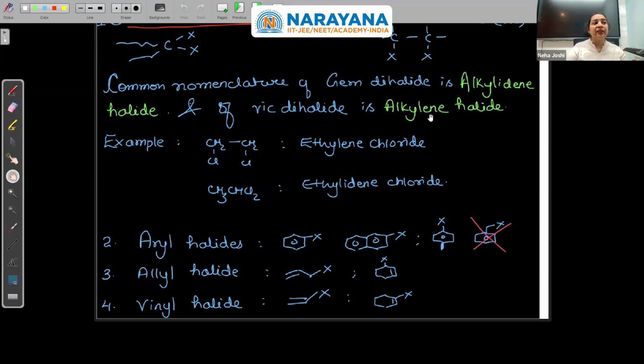And when it is vicinal, then we call it alkylene. Check this difference: alkylidene means on the same carbon, alkylene means adjacent carbons. For example, if I have ethylene, you consider that these two halogens are removed, and ask what the alkene is.